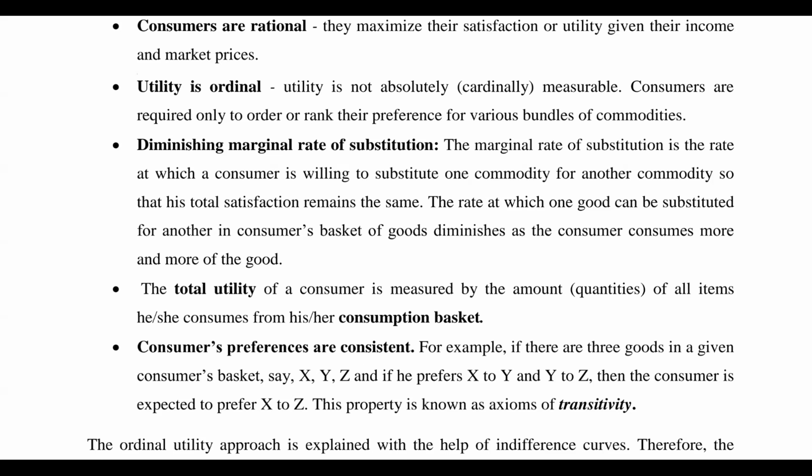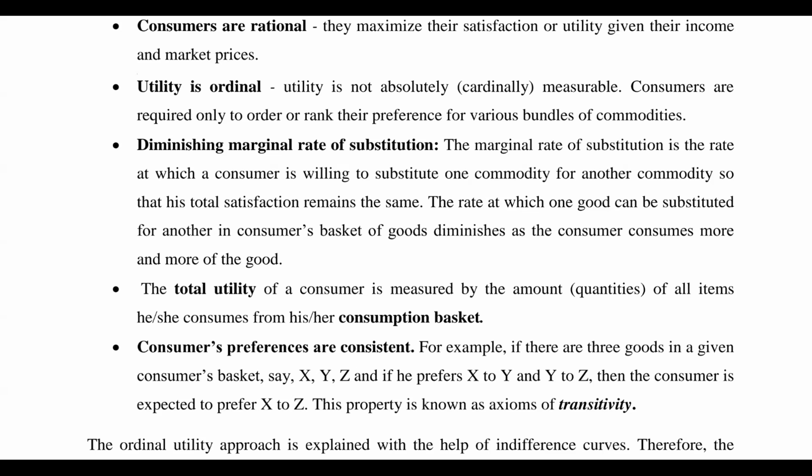Let me repeat one more time. The rate, or how fast, you can substitute one commodity for the other. How fast can you really substitute this commodity for this other commodity, or trade off between the bundles, or the commodities that you have?